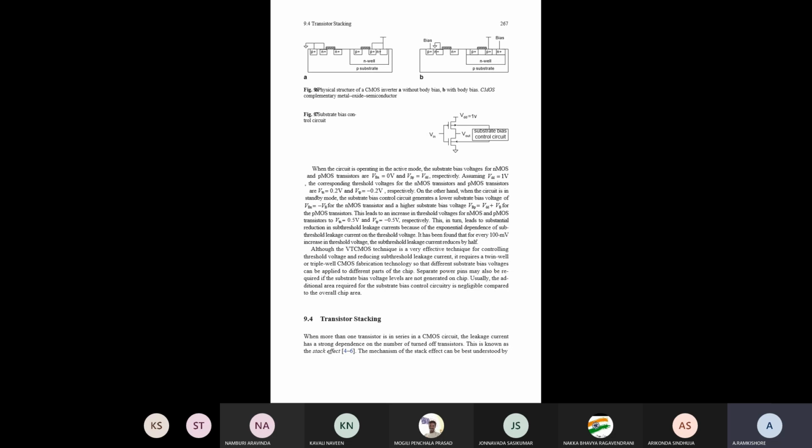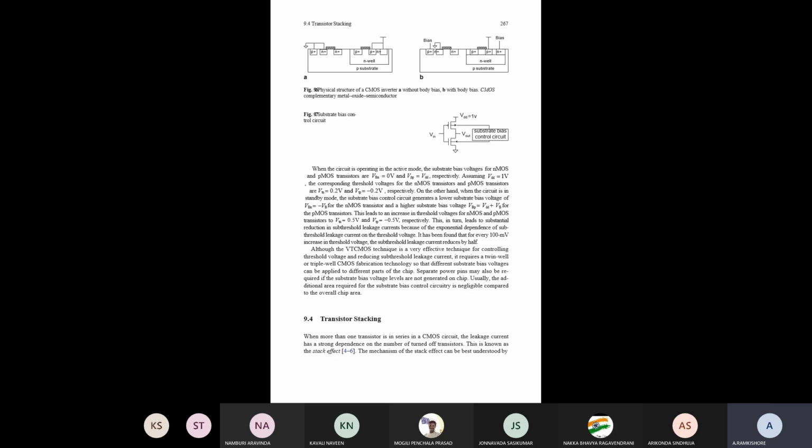When the circuit is in standby mode, the substrate bias control circuit generates a lower substrate bias voltage for the NMOS transistor and a higher substrate bias voltage, VDD plus VB, for the PMOS transistor. By comparing these two voltages, there is an increase in threshold voltage for the NMOS and PMOS transistors, with VTN equal to 0.5 volts and VTP equal to minus 0.5 volts.